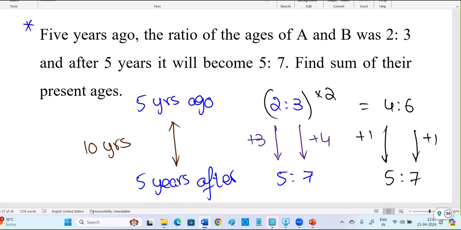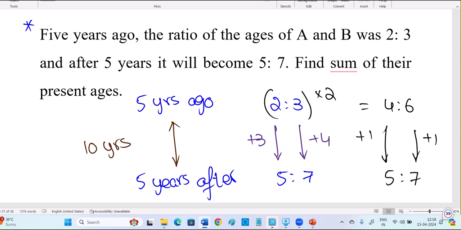We maintain both same value. That's the primary condition. Both should increase by the same. Sometimes I need to multiply the second one with 2 or 3. Whether it is multiplying by 2 or multiplying by 3, how to decide is that gap. Only agenda is that gap. Both should have the same value. Some questions, the second one should be multiplied by 2. Some questions, the first one should be multiplied by 3 or 2.